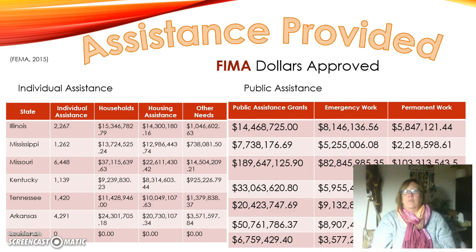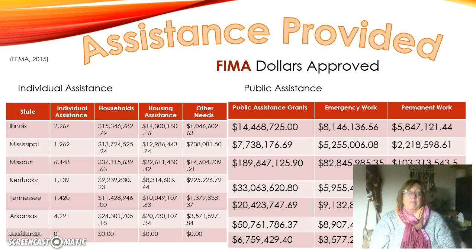Assistance provided. One of the things, I had a really hard time finding a lot of information on this. It was just difficult with all the other work that we had to do in class, plus trying to work and stuff. So I couldn't do a whole lot of research, and every time it popped up, I kept coming up with this FEMA.